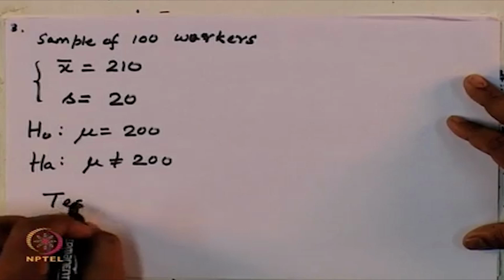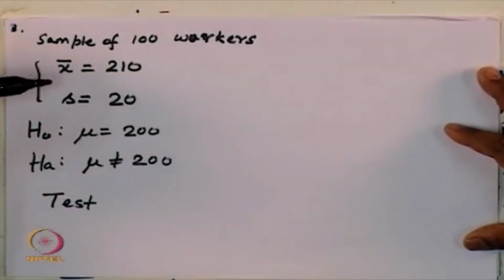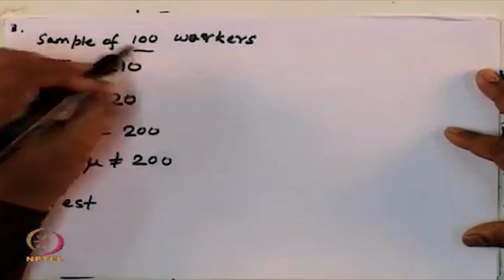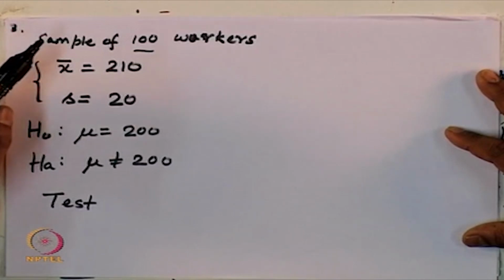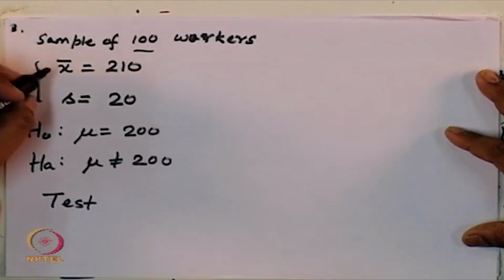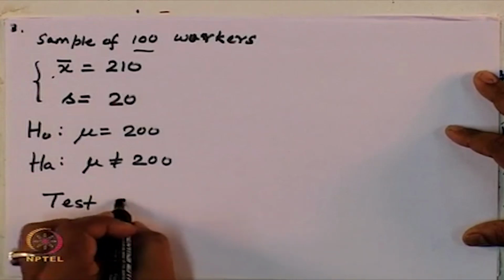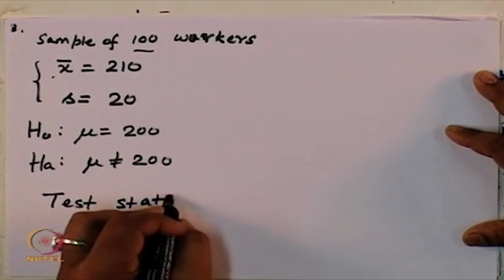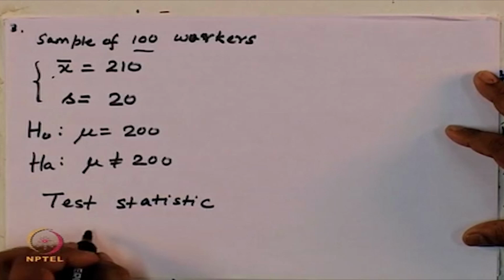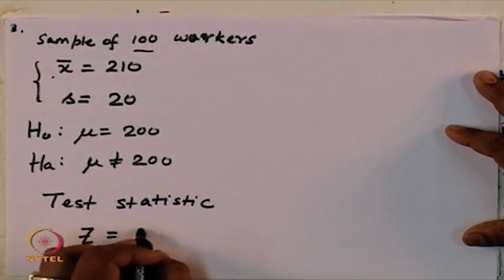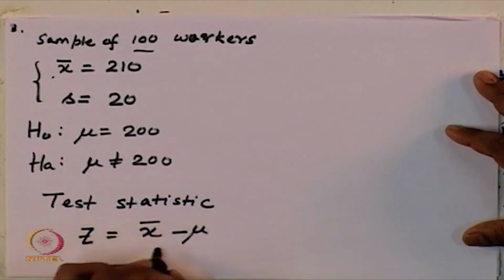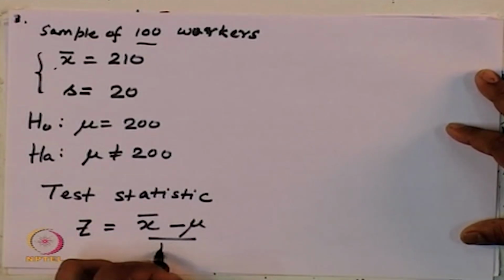When your sample size is large, and n equal to 100 qualifies as a reasonably large sample size, then I can write that x bar is normally distributed. So, we can write this test statistic z as x bar minus mu divided by S by root of n.